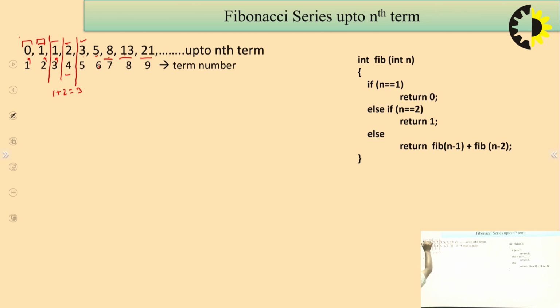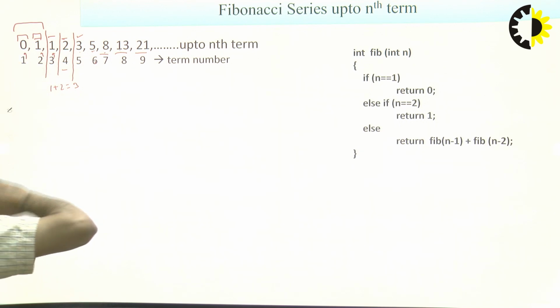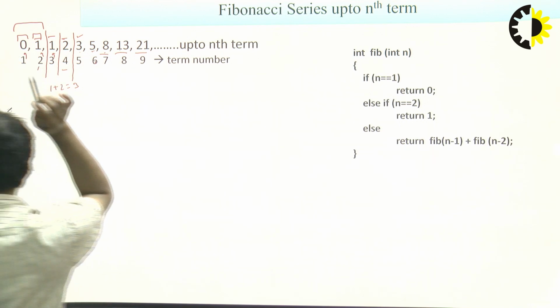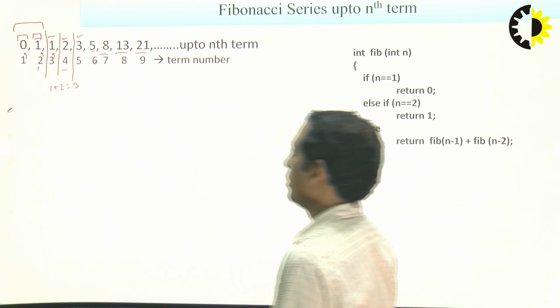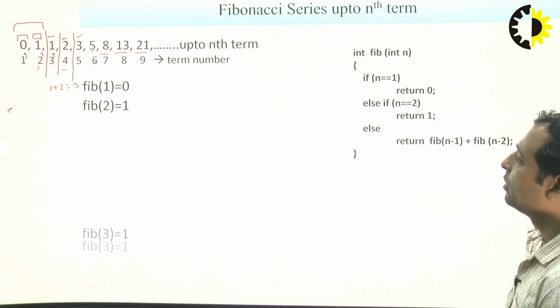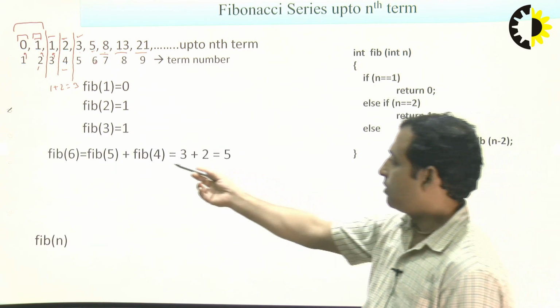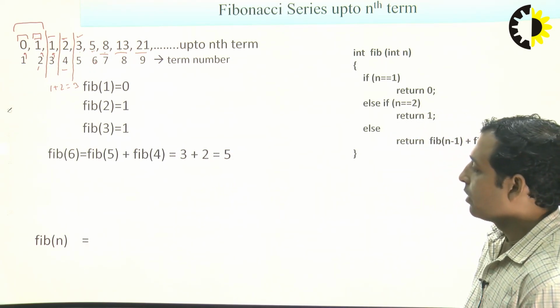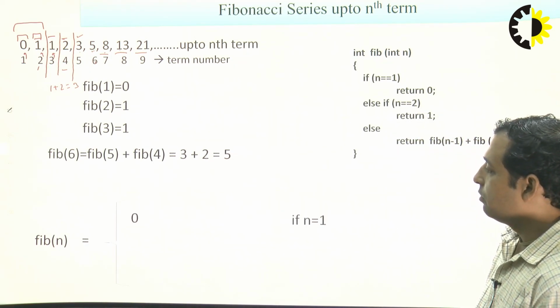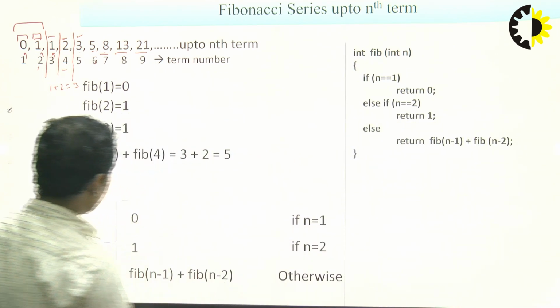Now there are 2 base cases here. If the term number n equals 1, then the value is 0. If it is the second term, then the value is 1. As we have seen, we first represent it in the form of mathematical notation.